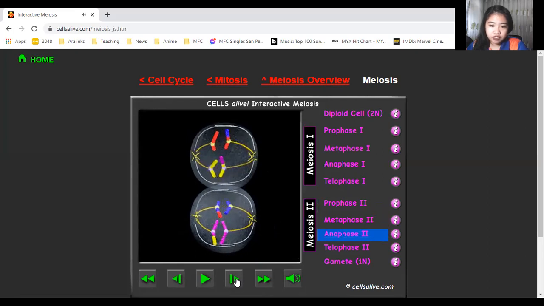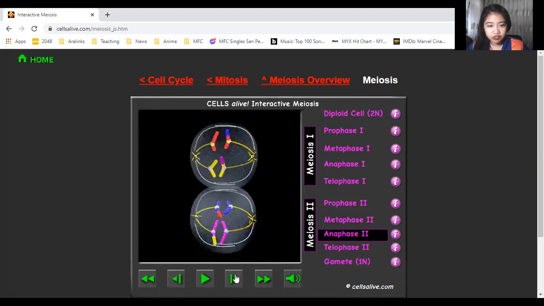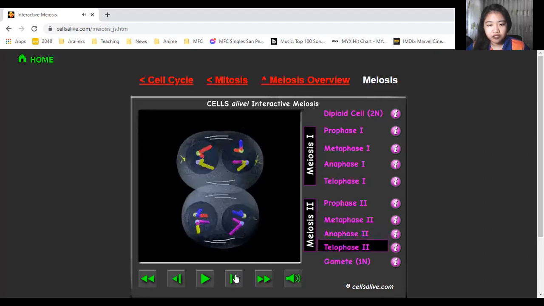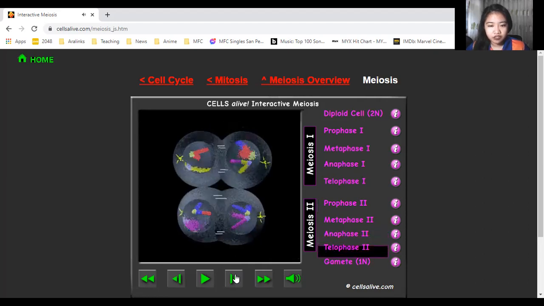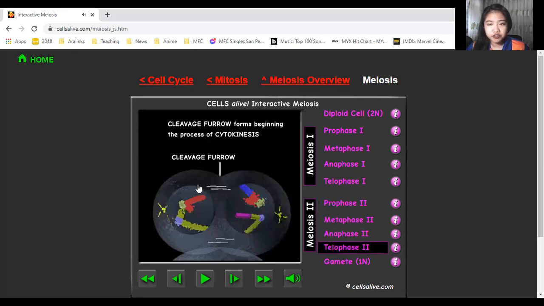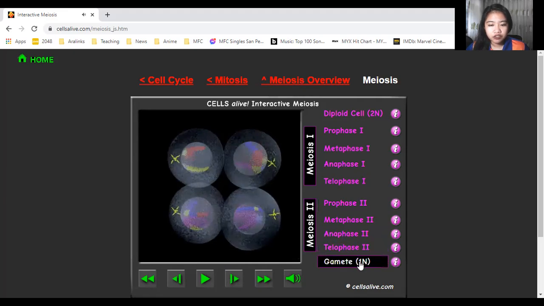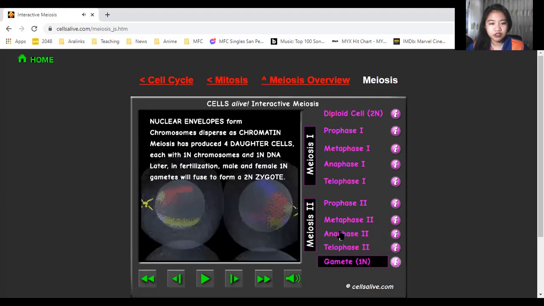Katulad lang din nung sa, yan, they're broken apart. So, going towards the different poles. And then, for telophase, ayan, telophase 2, and cleavage furrow ulit. And then, it will result to the gametes.